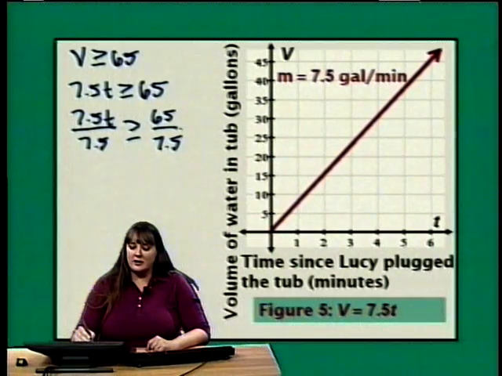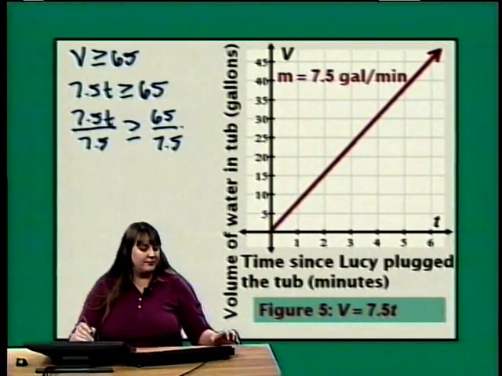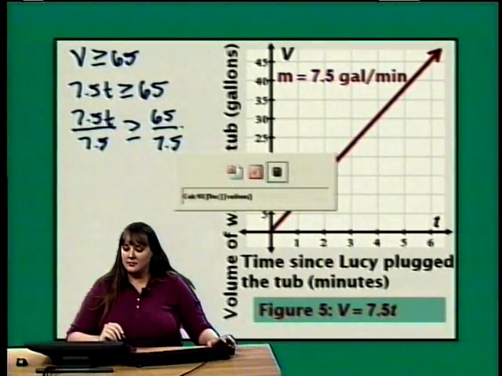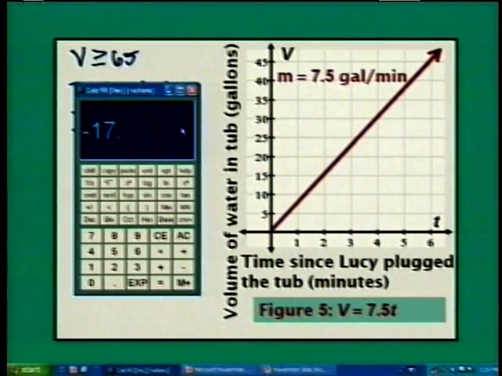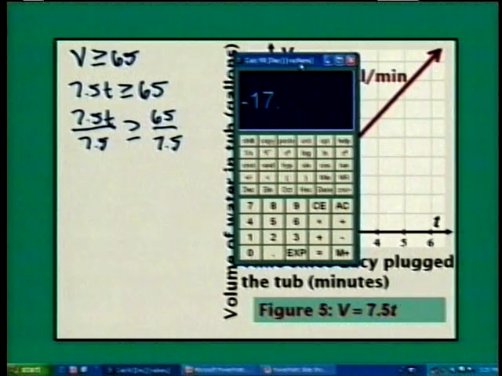Let's pull out a calculator to actually find out what 65 divided by 7.5 is. So here we're taking 65 and dividing by 7.5. And we get 8.66666. Looks like those sixes are going on forever. 0.66666 is 2/3.